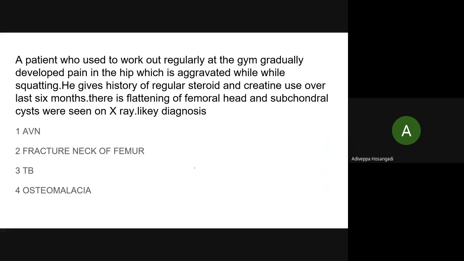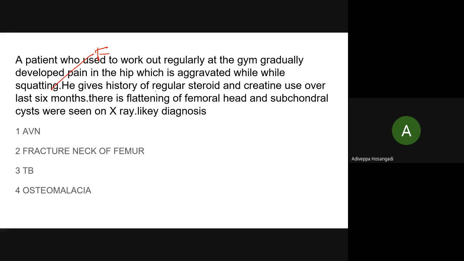Okay, we'll go to some questions. A patient who used to work out regularly at the gym gradually developed a pain in the hip, which is aggravated while squatting, meaning flexion.